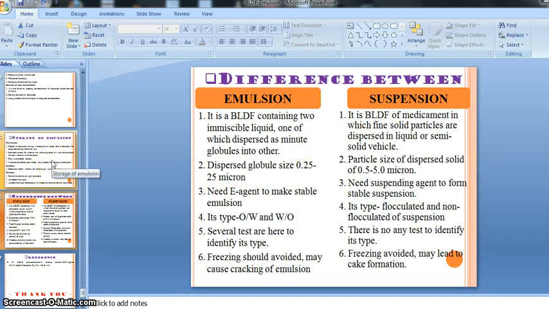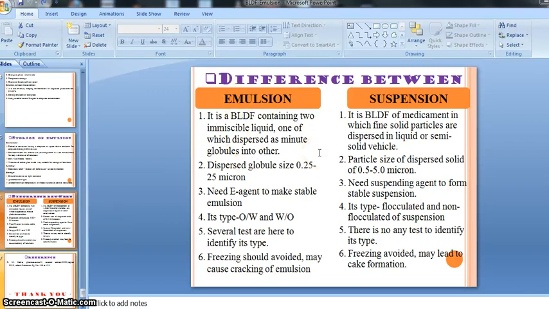There are six points given that help us differentiate emulsion and suspension, because both are biphasic liquid dosage forms, right?